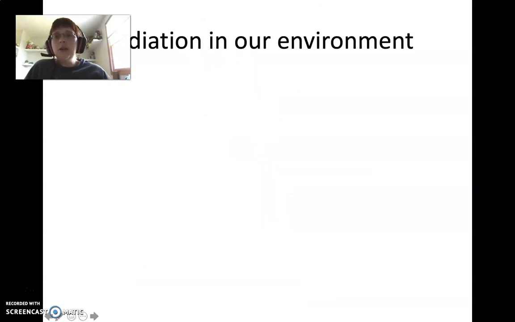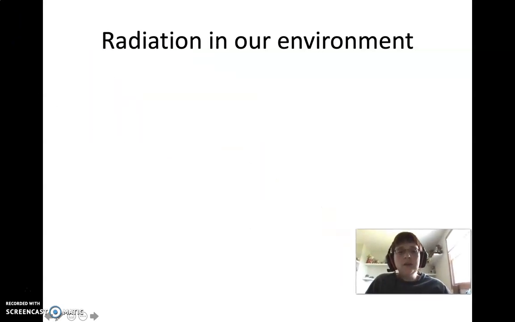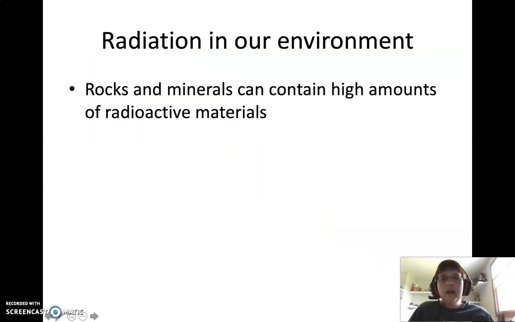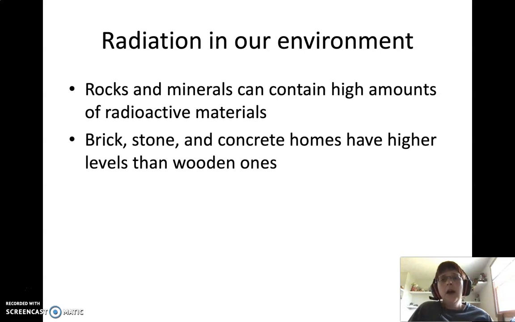So radiation in our everyday environment. Where are we getting this? Like I mentioned, a majority of our radiation is coming from outside sources like cosmic rays. But we get exposure to a lot of it from rocks and minerals around us. They can contain high amounts of radioactive materials, especially here in Ohio.